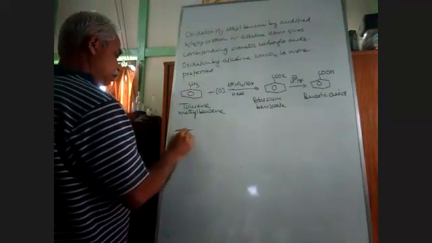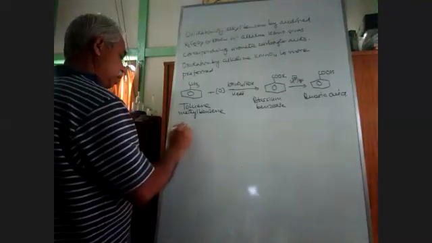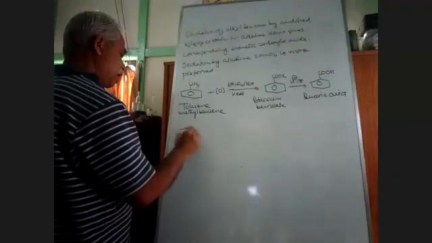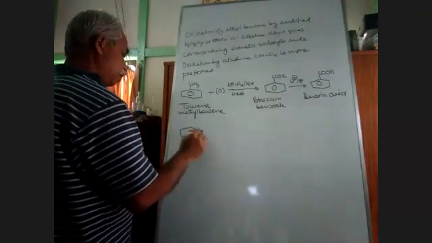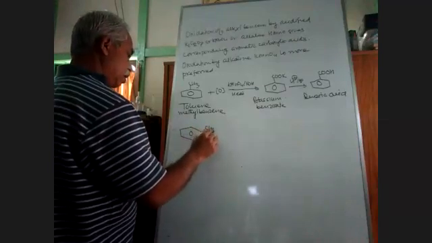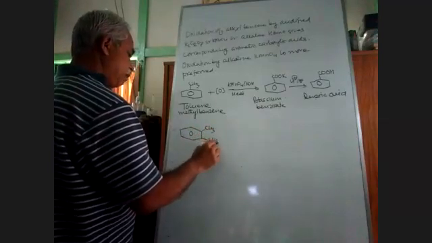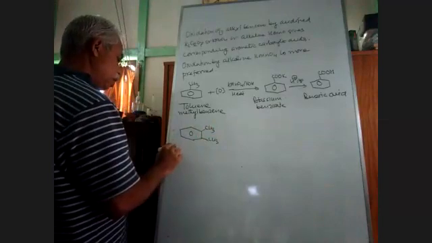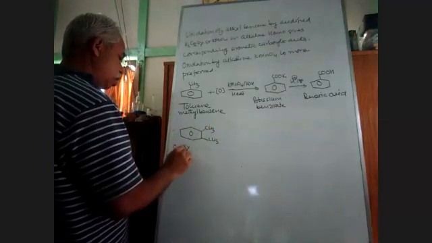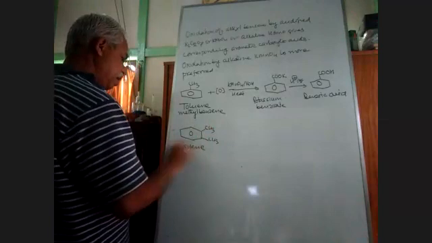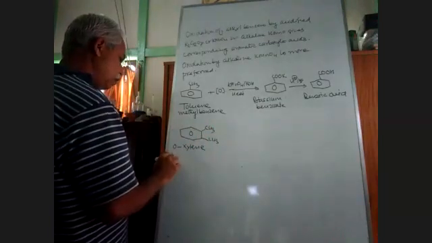Now, suppose you have taken 1,2-dimethylbenzene, called orthoxylene.